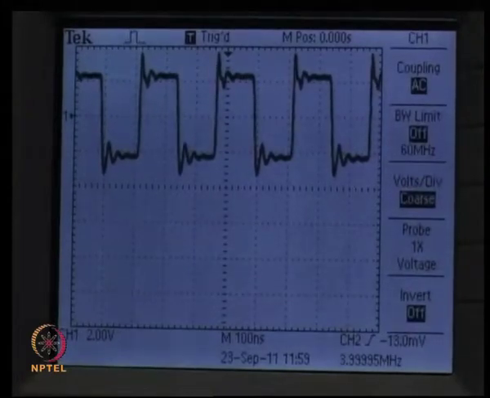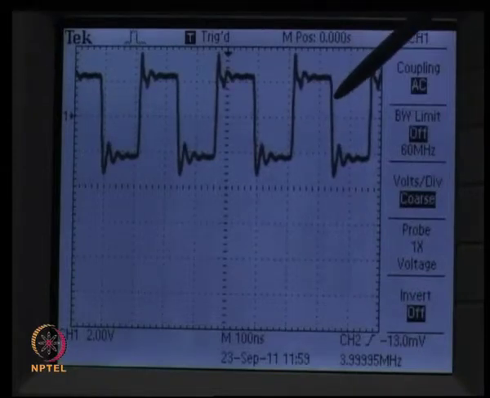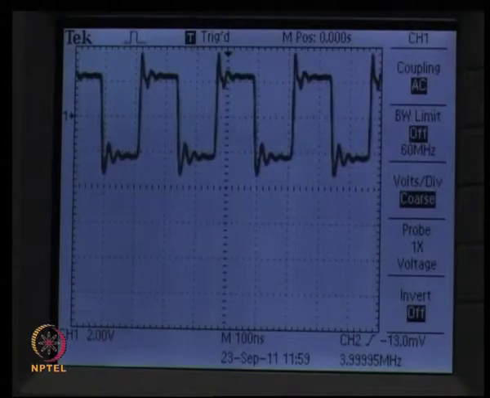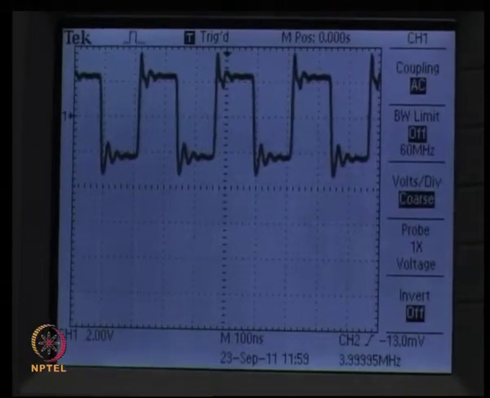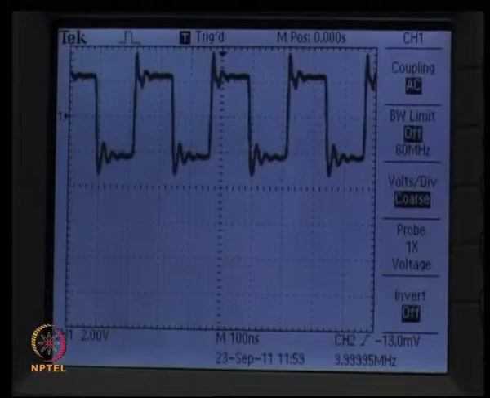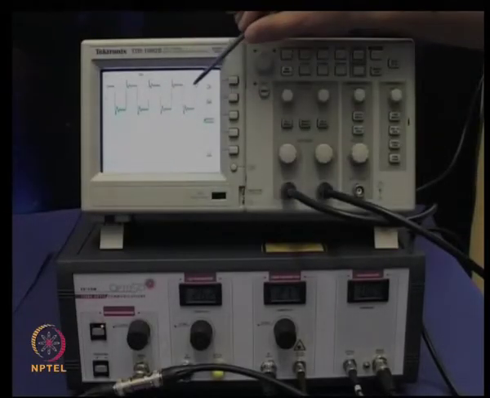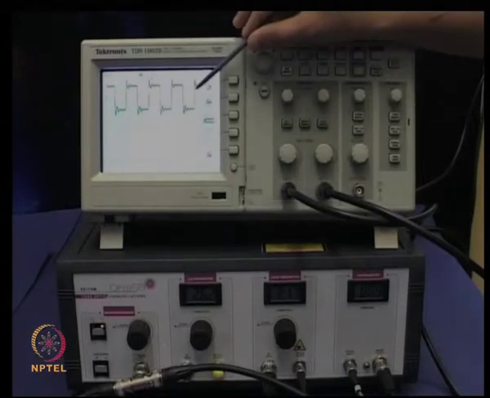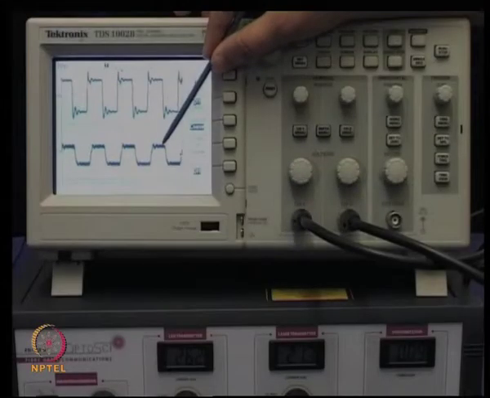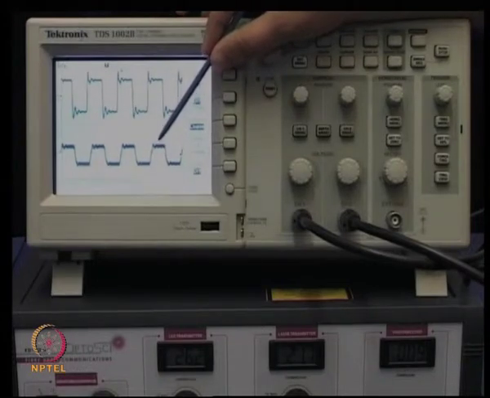This is the output of the waveform generator on channel 1. The frequency of the waveform can be adjusted. Channel 2 shows the waveform of the received signal after passing through the small patch of fiber.